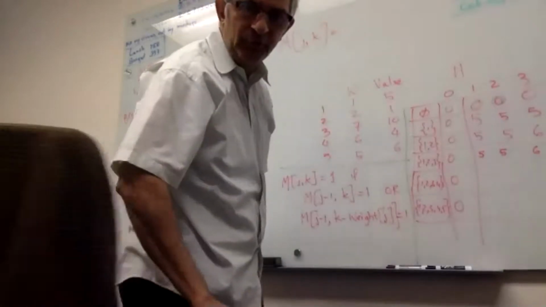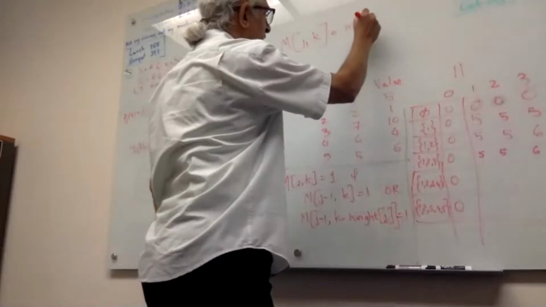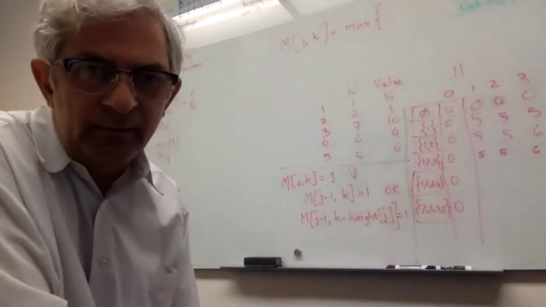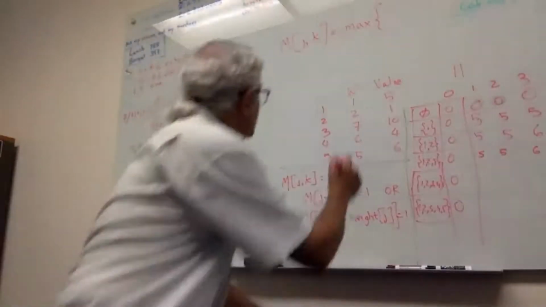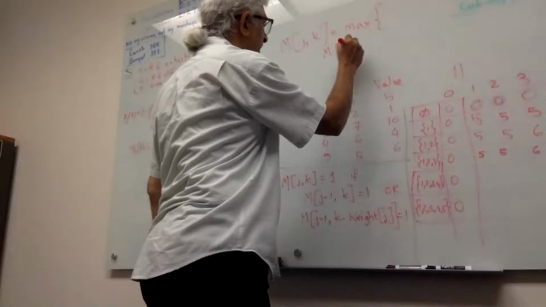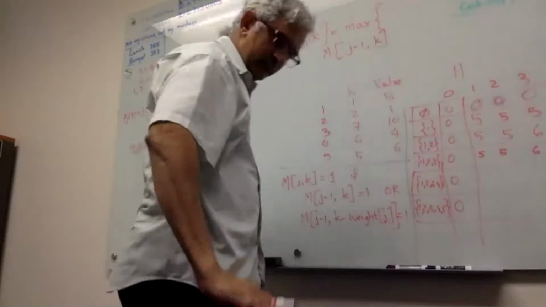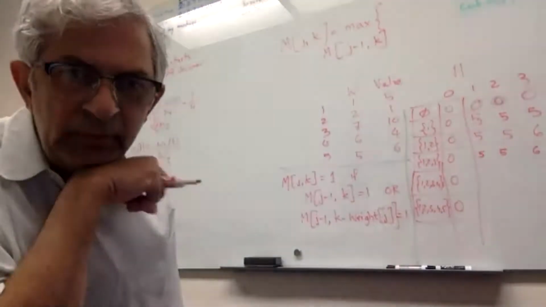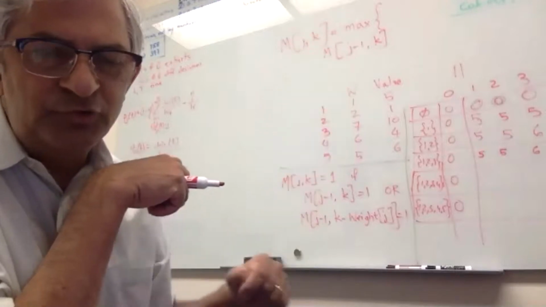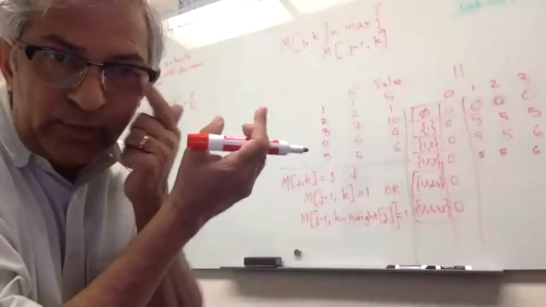Instead of whether it's value 0 or 1, I'm going to say it's the larger of two things. And the first thing is whatever was in the same column, but in the previous row. So I look at the same column, but in the previous row, whatever that value is, if that's the larger of the two things, then that's what I'm going to take.